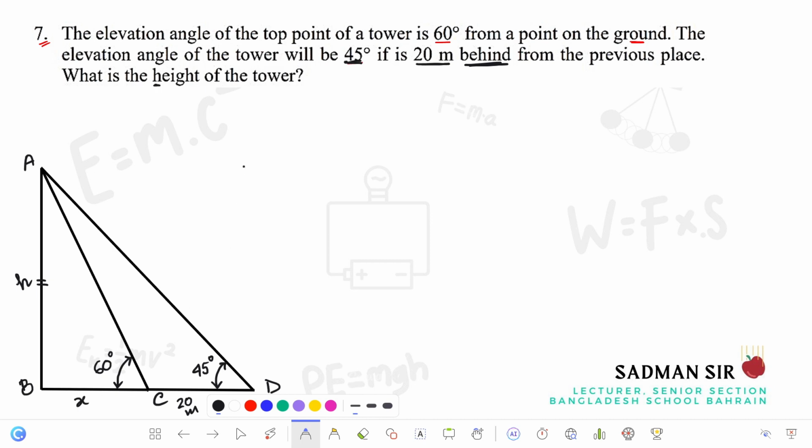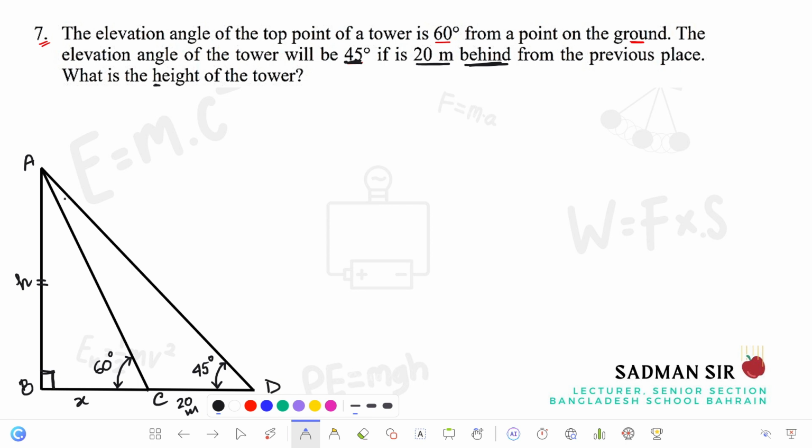Now in this type of problem there are two right angle triangles. One is the smaller one, ABC, and the bigger one is ABD. So two right angle triangles, right?